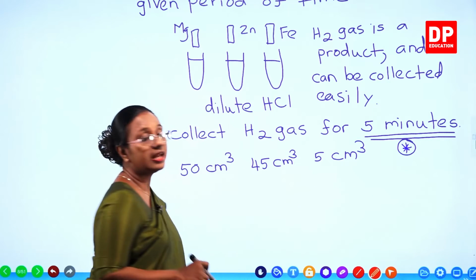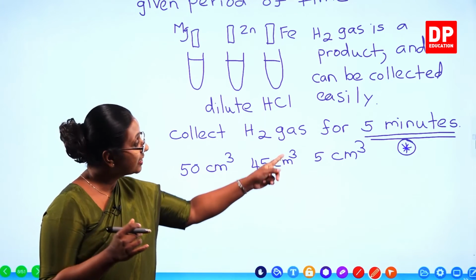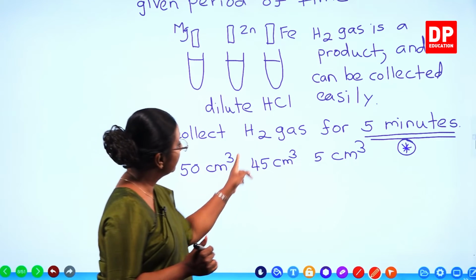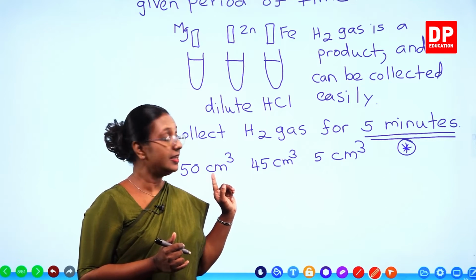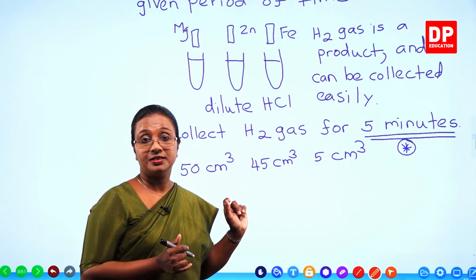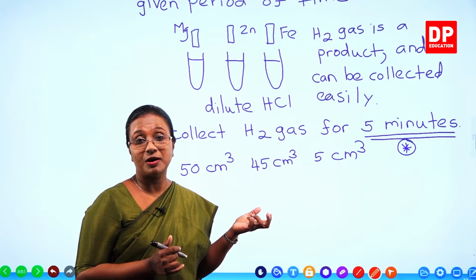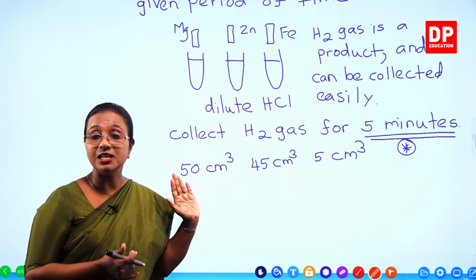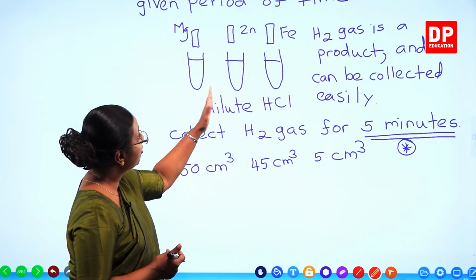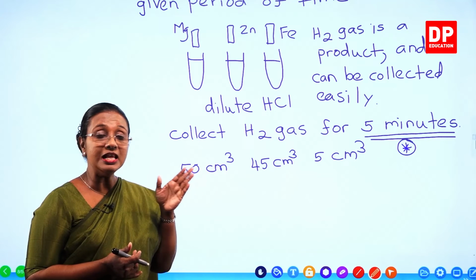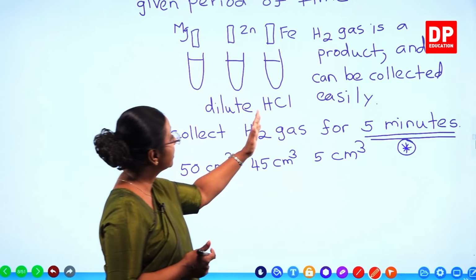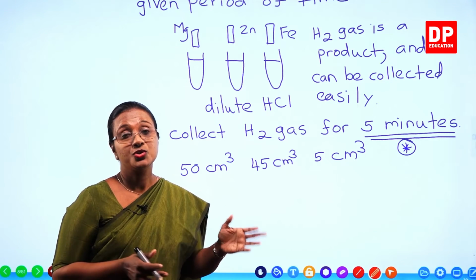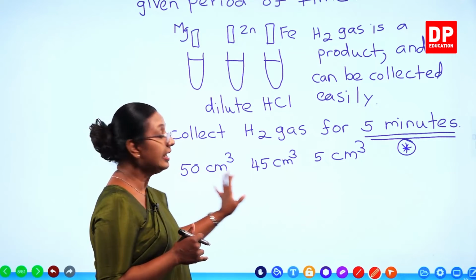Now just by looking at this itself, because time is the same, more hydrogen is evolved by magnesium, slightly less amount is evolved by zinc, whereas iron, only a very small amount. So immediately you know the rate of reaction of magnesium with dilute HCl is high. Rate of reaction of zinc with dilute HCl is somewhat less. Whereas rate of reaction of iron with HCl is very slow. So we can compare these very easily.